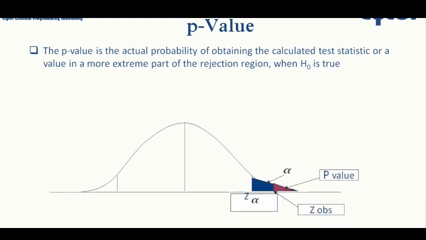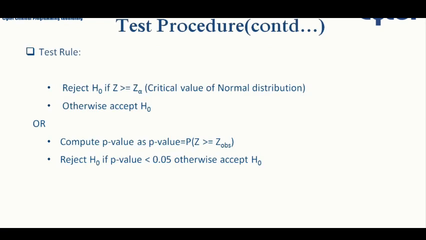I would like to explain to you the meaning of p-value through this graph. Let us go and try to learn by heart these test rules. Let us not bother about acceptance. Let us just look at when do we reject H0.